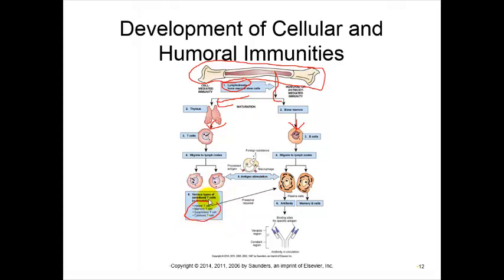So they are sensitized when they come in contact with that antigen, and they will present it to the B cells, and they will either destroy it or present it and help the B cells, I should say. And that's going to cause the cytotoxic T cells to actually kill the antigen, or it could also cause the helper T cells to stimulate the plasma cells to produce the antibody.